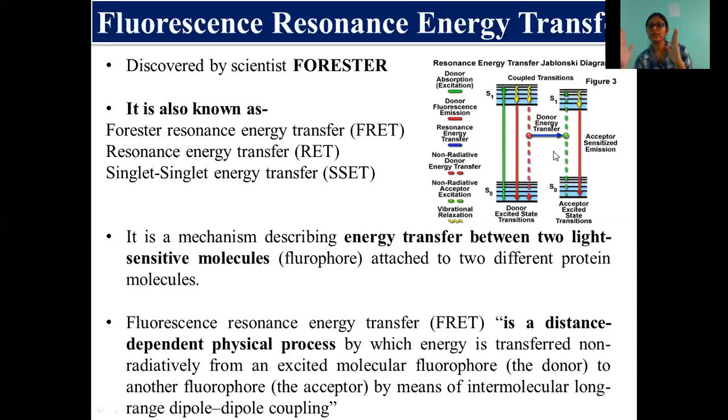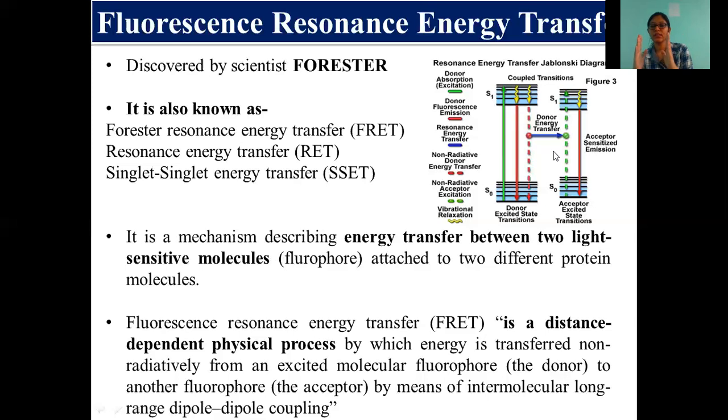If the distance between the two fluorescent molecules is large, then it is not possible to transfer the energy from this fluorescent molecule to the second fluorescent molecule. If the distance is small, then only we get the overlapping spectrum between these two fluorescent molecules. So that's why it is called a distance dependent process.